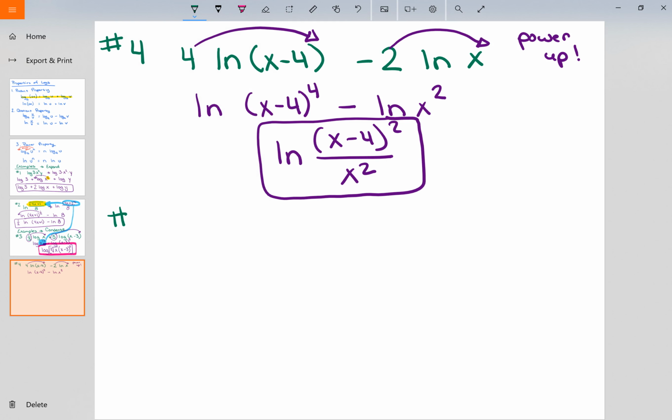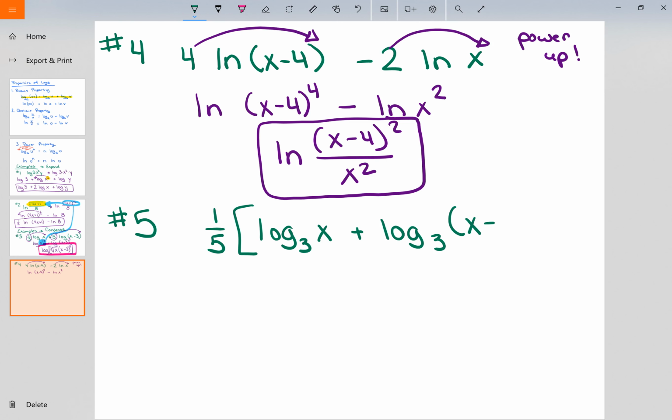Last example, we have 1/5 log base 3 x plus log base 3 x minus 2. Okay, notice our first step is to make sure we don't need to power up, but we do. But notice what happens here. We actually have a power to both of these so it's on the outside.